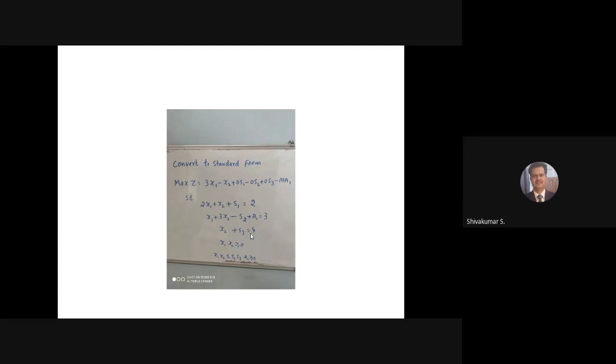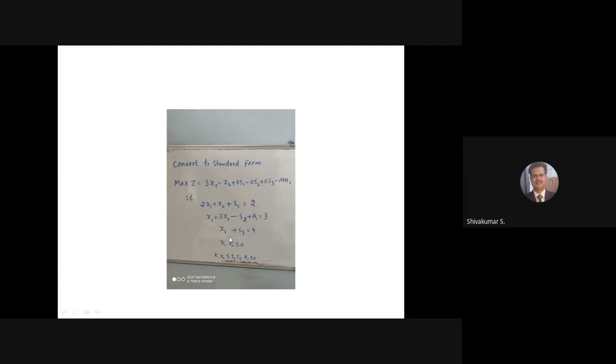If you have greater than sign in a third equation, then minus s3 plus a2, and for one more equation, minus s4 plus a3. Likewise it goes. So based upon the sign, you introduce either slack variable, surplus variable or artificial variables. Because you have only one greater than sign here, you have taken only one surplus variable, minus s2 plus a1.